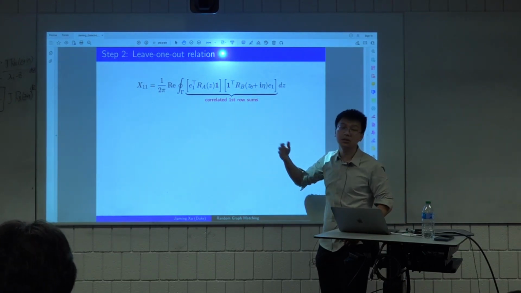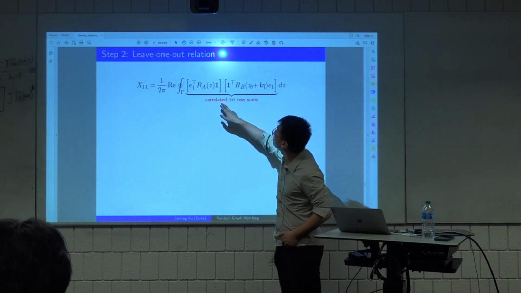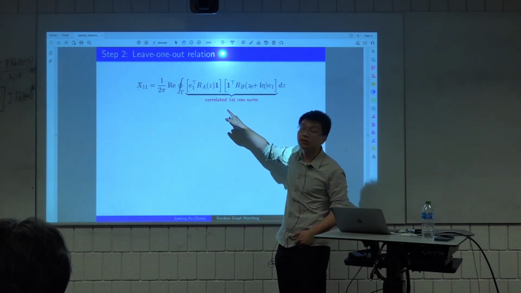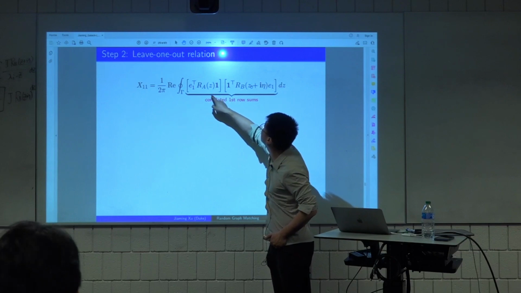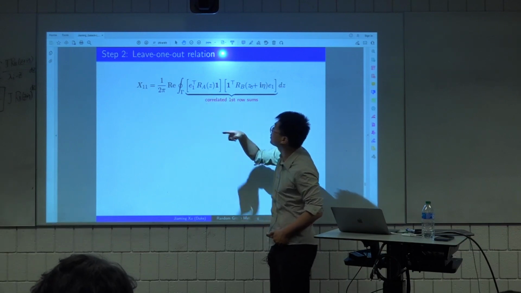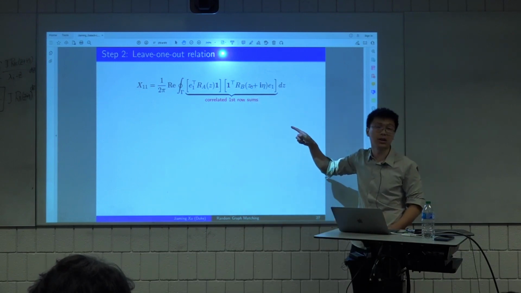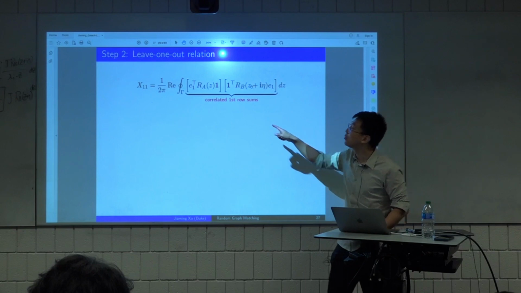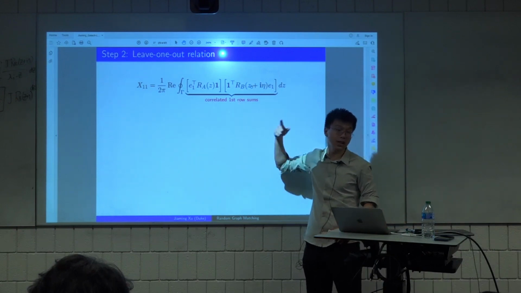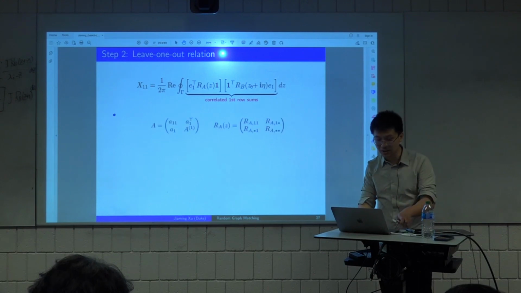You can plug in those, but it turns out it's not that useful, because the crucial thing here is that you want to capture the correlation. Since this is the 1-1 entry, the first row of the resolvent A should be correlated with the first row sum of the resolvent B. So you want to capture the correlation first, and then there's hope that you can show x11 to be large. So how can we do that?